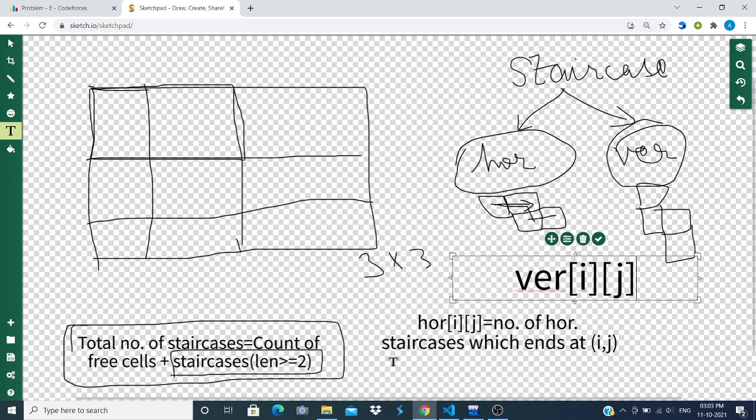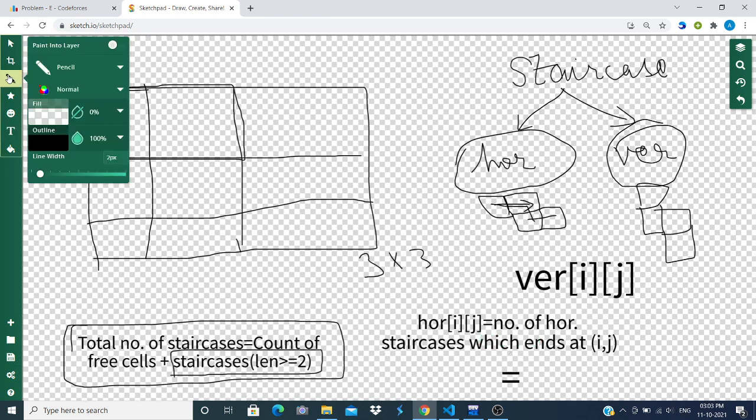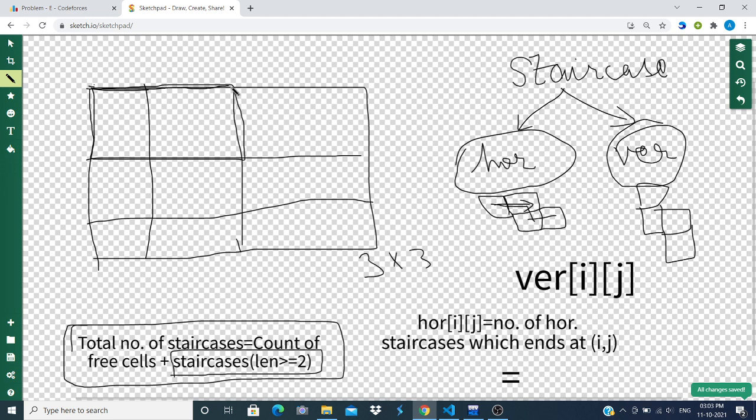But what is interesting is to note what the recursion will be, right? How we will relate it. So basically, as you can see here, the number of horizontal staircases which end at this cell is basically 1, right? And similarly, if I want to know the number of staircases which end at this cell, this will actually be equal to 2, because one staircase I can take as this, and another staircase can be like this, right?